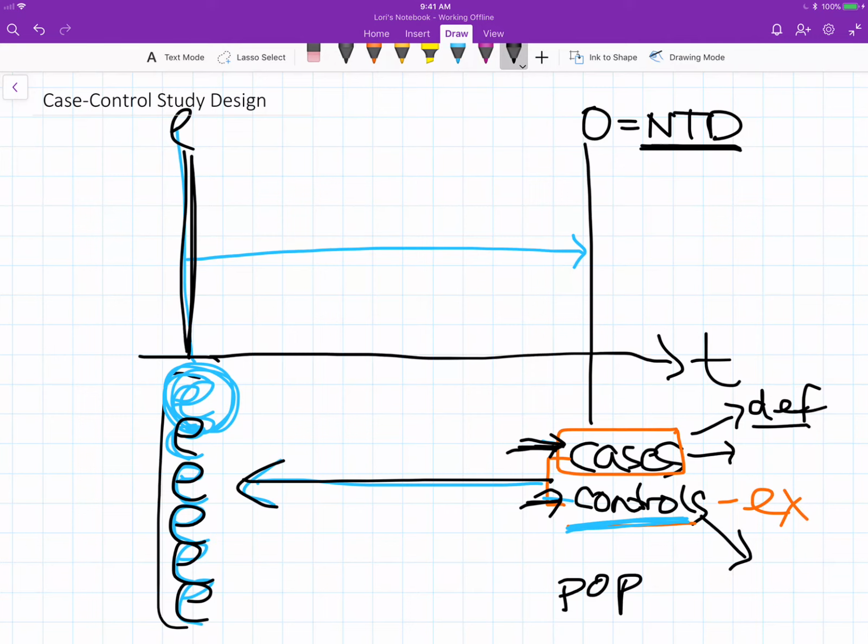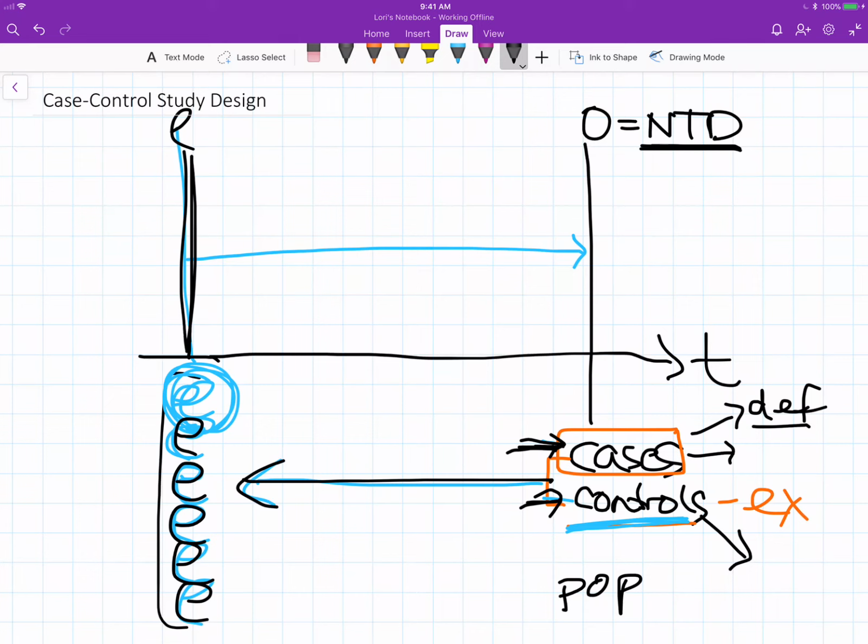Dozens of possible exposures. And what we found is that a specific vitamin, folic acid, was quite strongly associated with neural tube defects. Or actually, the absence of folic acid was strongly associated with neural tube defects.